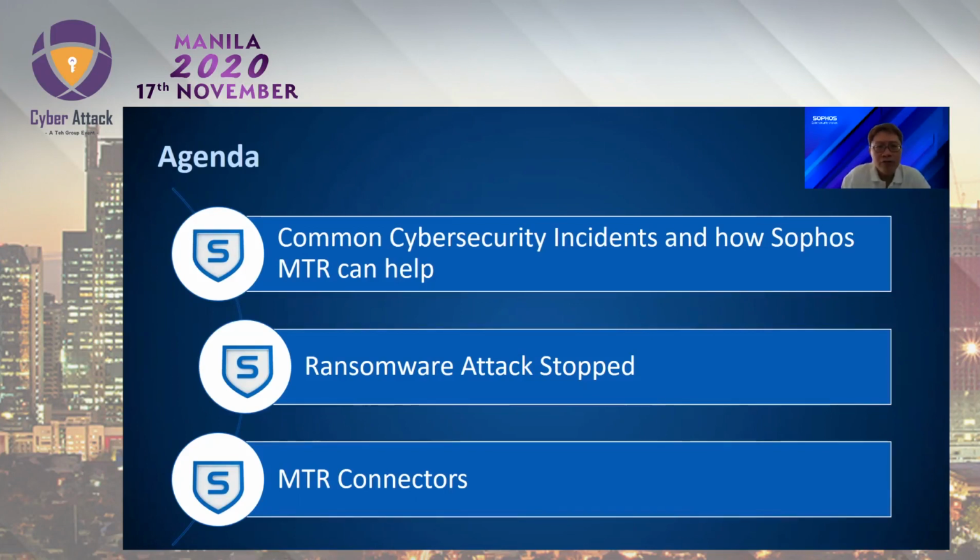And to close off the presentation, I'm going to touch on the MTR connectors. In short, the MTR team is looking at incidents and suspicious activities happening on your endpoint. But what we really want to empower our MTR team with is to collect information that we are seeing at both the network layers and the cloud layers.